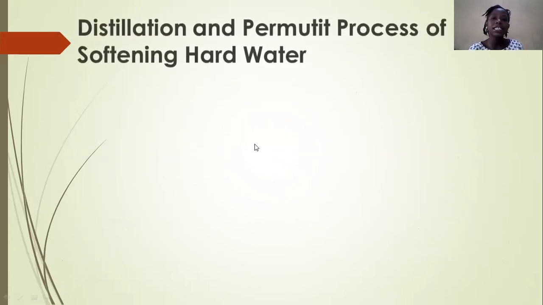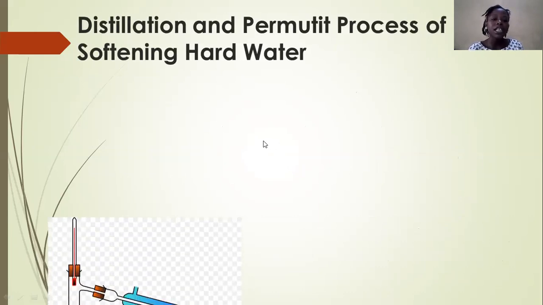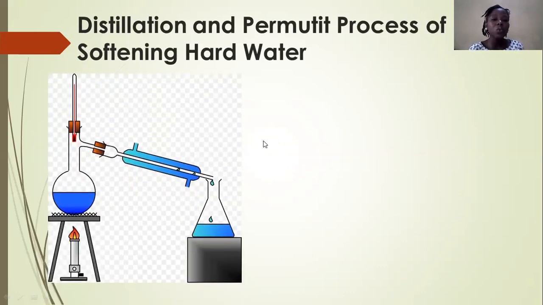Other methods of softening hard water are distillation and the Permutit process. Now, distillation involves boiling the water and then condensing it back. Look at the setup for simple distillation. You have water and a heat source for boiling. When the water boils, you connect it to a condenser.